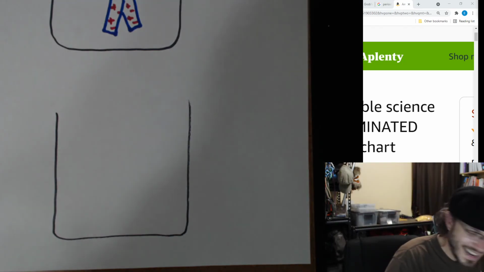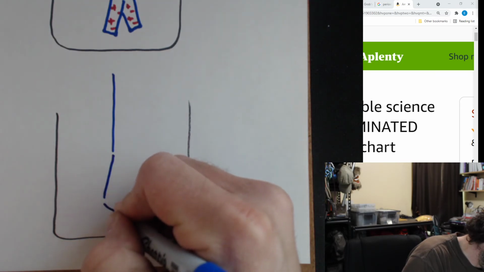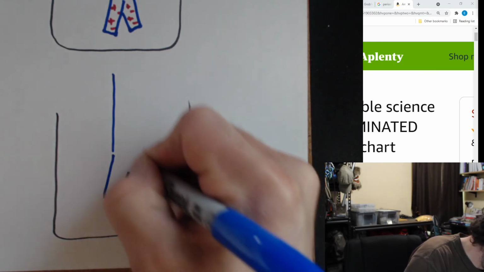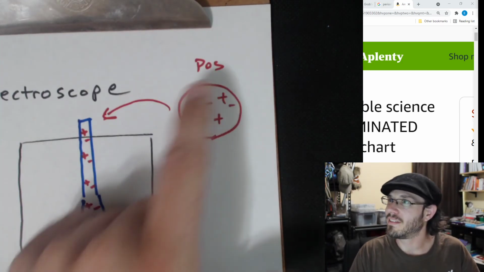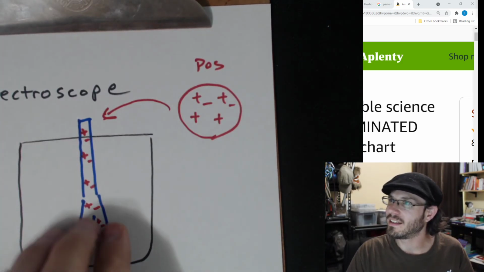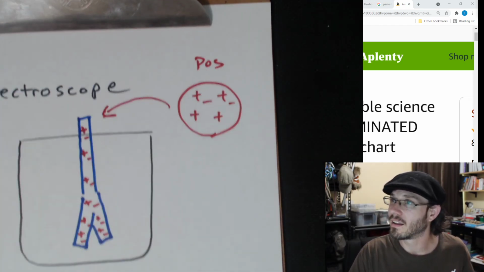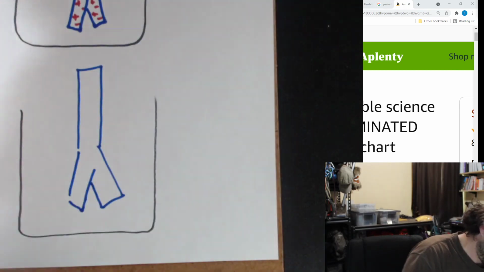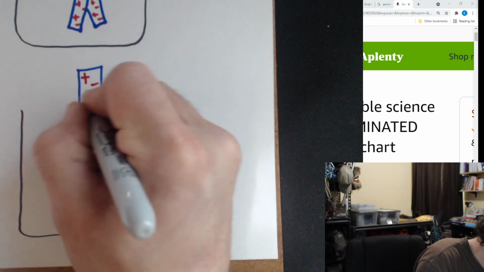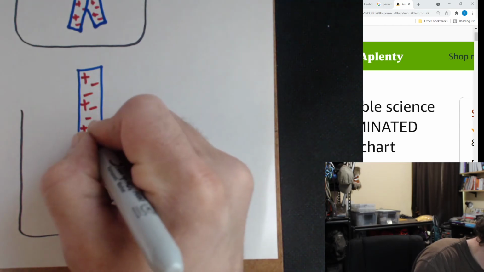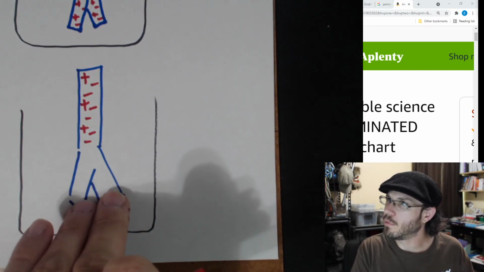Yeah, Matt's got it. Positive is going to attract the negative. The negatives are going to freely move up, and they're going to collect up here. So we get electrons that move from the bottom to the top.